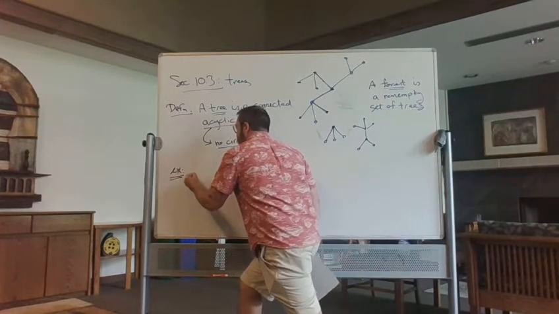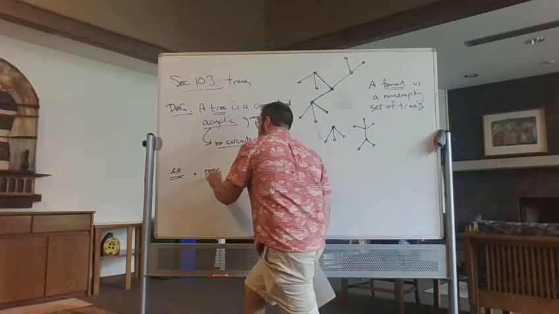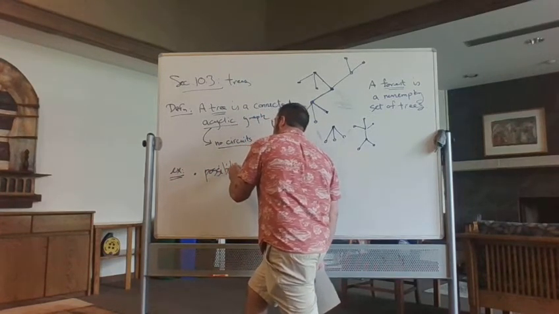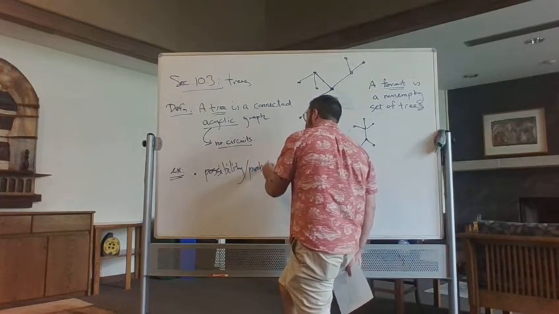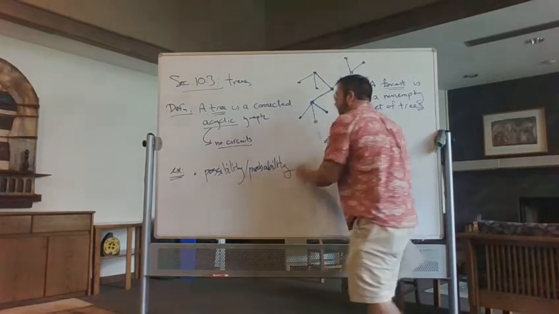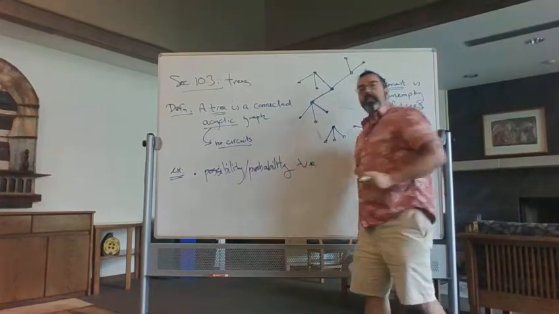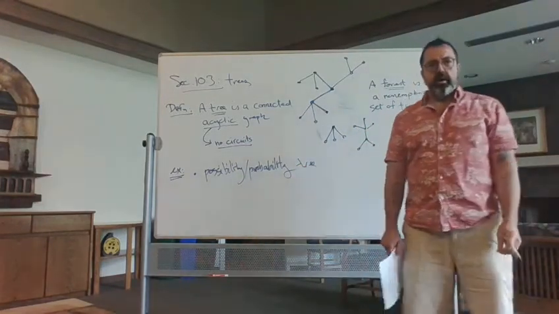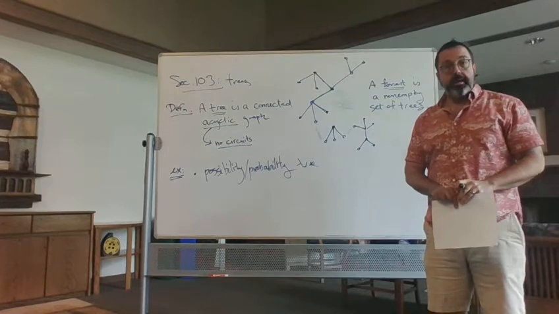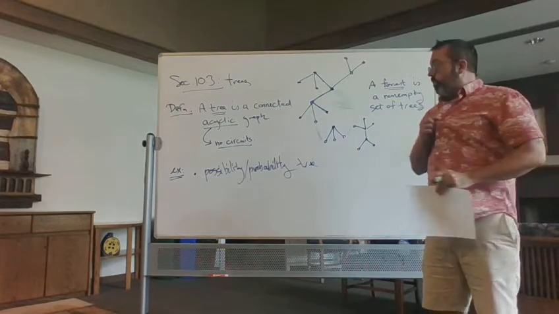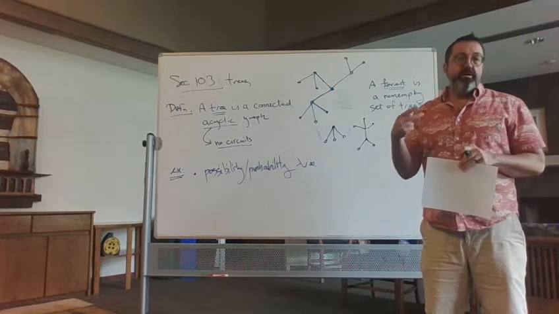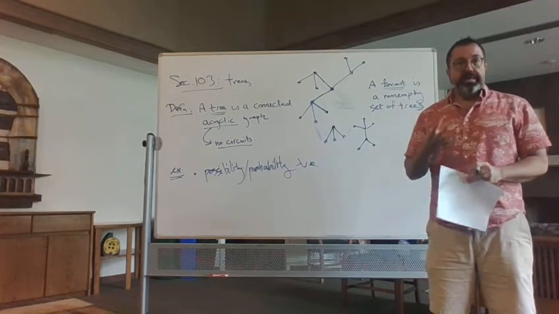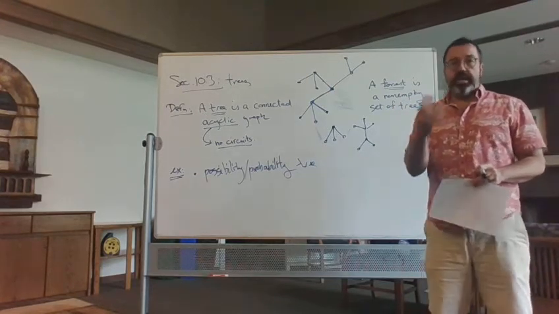So examples, we had a possibility or a probability tree. This was back in chapter 9, when we were looking at probabilities. We used a probability or possibility tree to keep track of the number of ways of completing some multi-step process, and we used the multiplication rule.